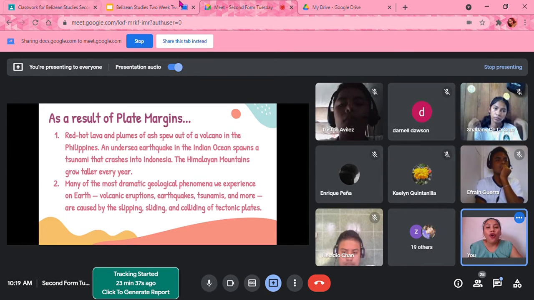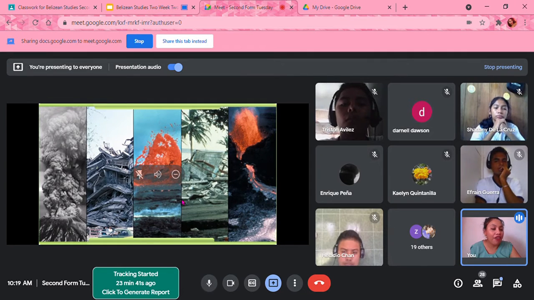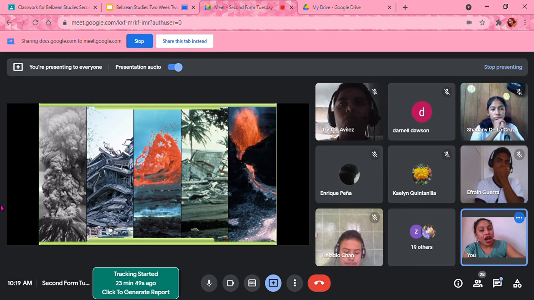So what we are going to talk about today: volcanoes and earthquakes. And we're going to look at how these plate boundaries and plate movements cause these things to happen, right?